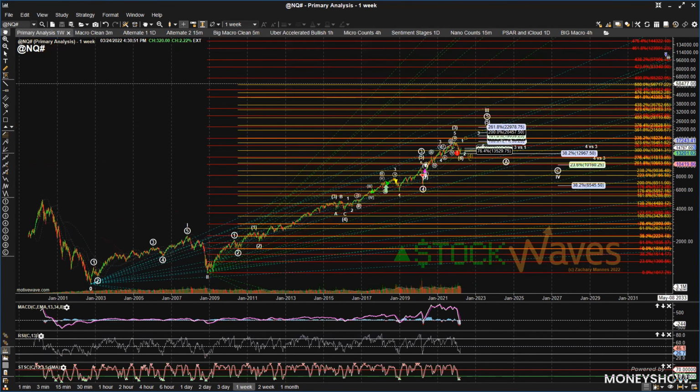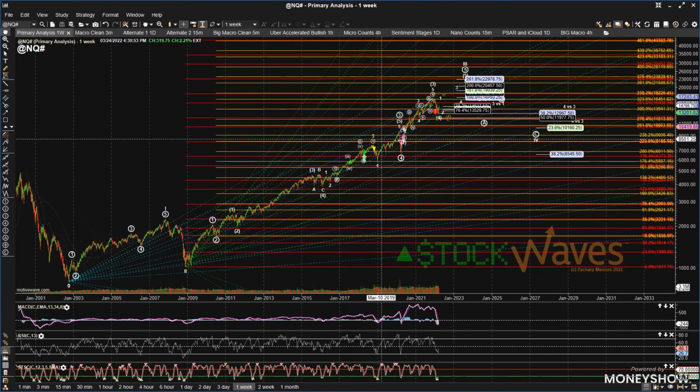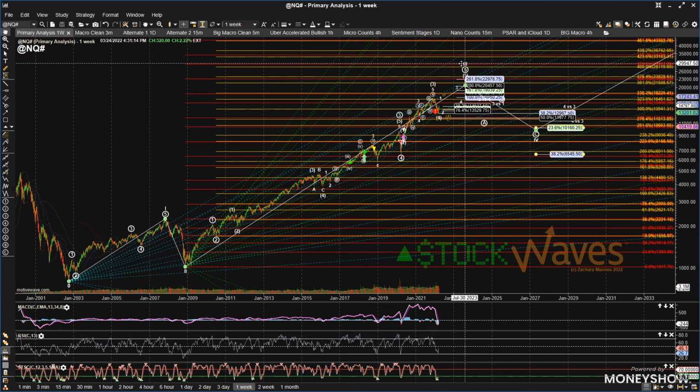But we're pretty close to the end of this larger move that, for the Nasdaq at least, started in November 2008 as a cycle degree wave 2 bottom, and we're filling out 1, 2, 3, 4, and we're starting that 5th of the circle wave 5 of that cycle degree wave 3. So once that completes, we're due for a larger cycle degree wave 4.